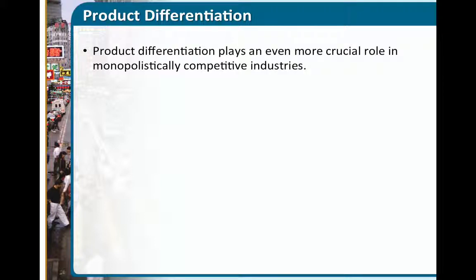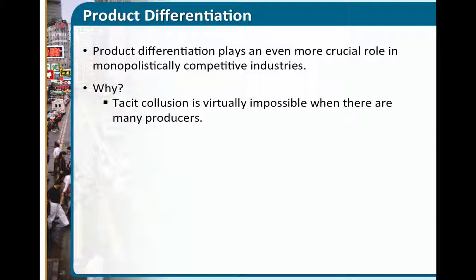So product differentiation has a big role in monopolistically competitive industries because tacit collusion among every seller, every producer, is pretty much impossible when there are so many producers out there in the world. The gas stations of Northwest Indiana, though you may think are conspiring to have high prices, really aren't.